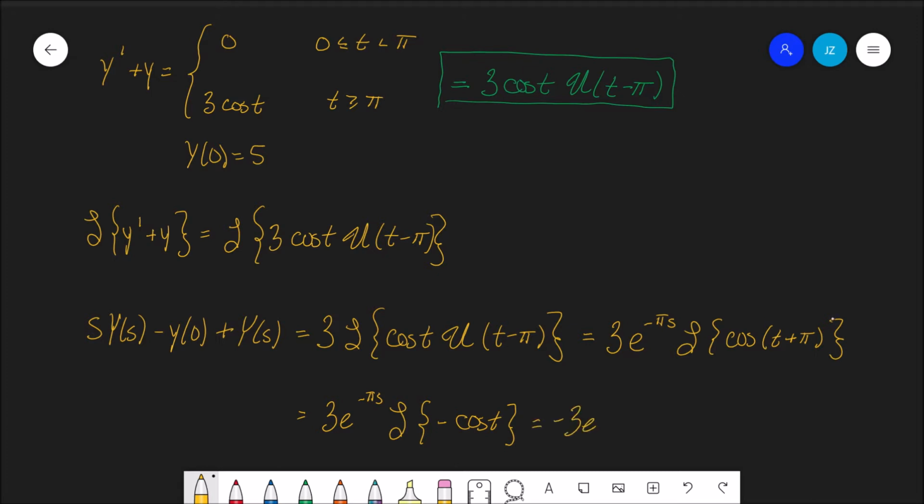So we now have negative 3 e to the negative pi s times the Laplace transform of cosine of t, and the Laplace transform of cosine of t would be s over s squared plus 1.